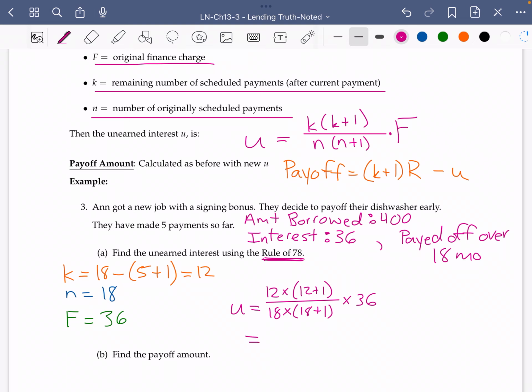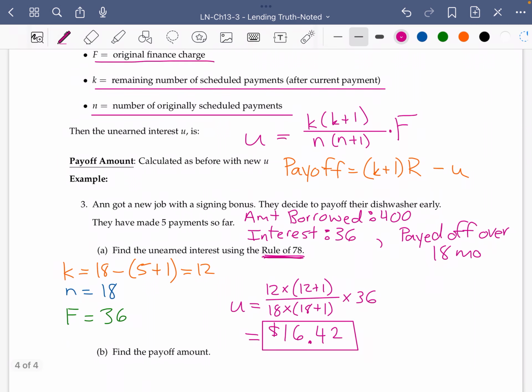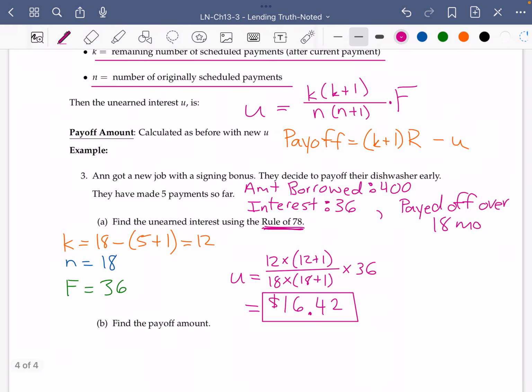And if you evaluate that, you end up with $16.42. Great, so that is the unearned interest using the rule of 78.